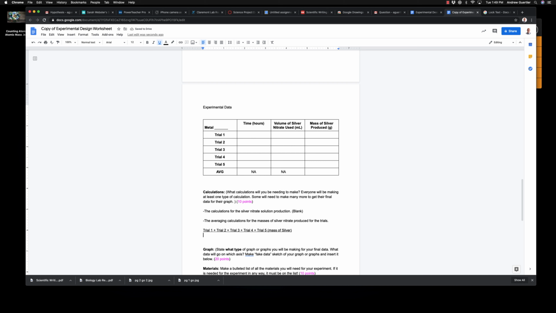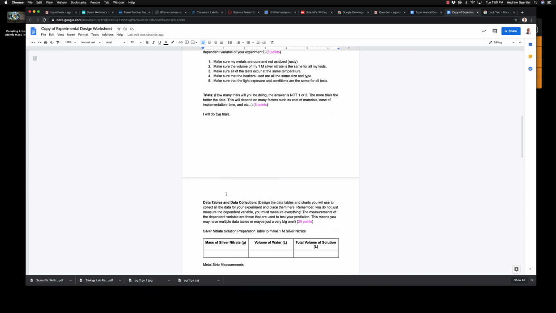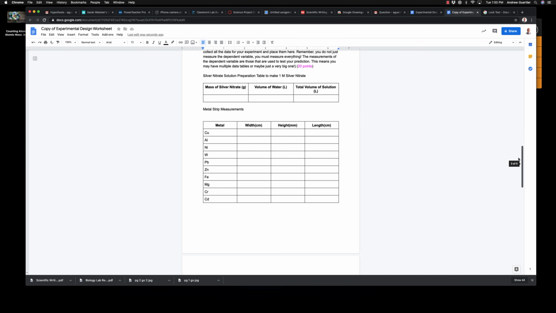Divided by 5. And that is going to equal the average mass per metal tested. Okay? So that's the calculation that you'll need to do for this lab.